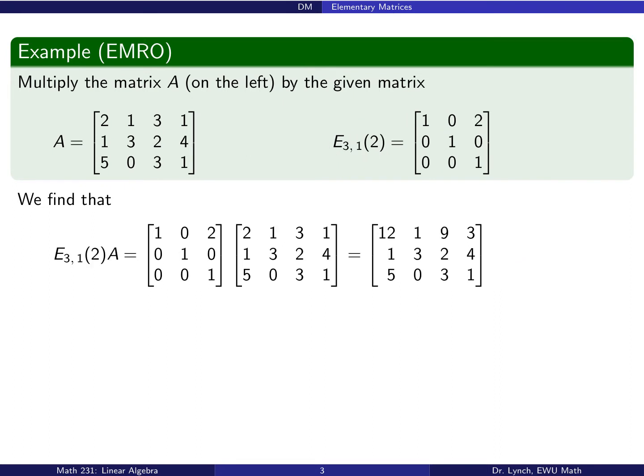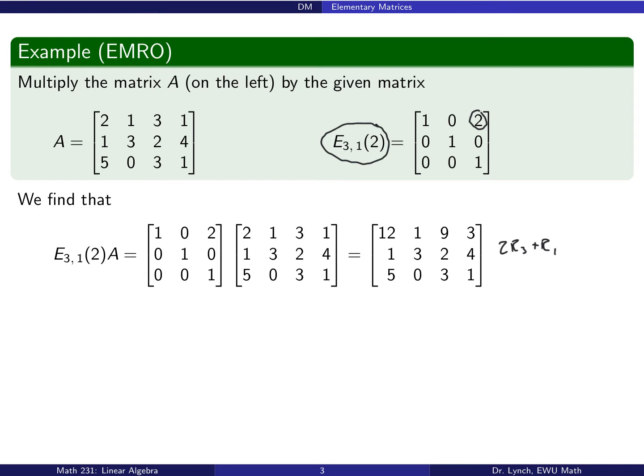Not surprisingly, there's a third matrix. This third matrix is called E sub 3, 1, 2. It has a 2 in the third element of the first row. And we see that when we multiply A by E sub 3, 1, 2, it has the effect of multiplying row 3 by 2, adding it to row 1, creating a new row 1, and leaving row 3 alone.